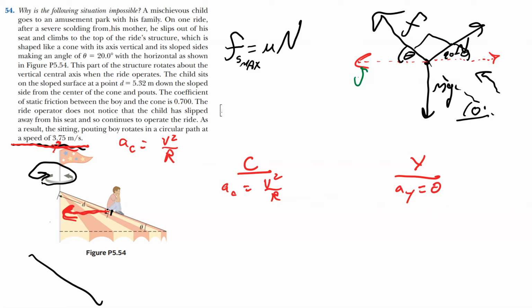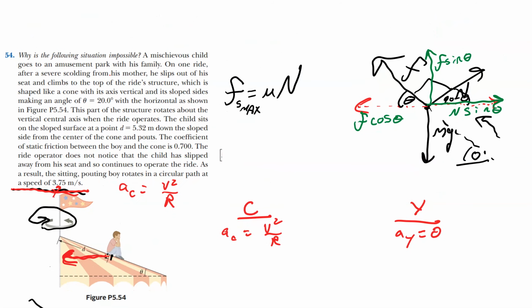So that is f cosine theta, and you've got one f sine theta that points up. And then for the normal, it would be the cosine of 90 minus theta, but that's the same thing as n times the sine of theta. Okay, and then that means that the upward component of the normal force is n cosine theta.